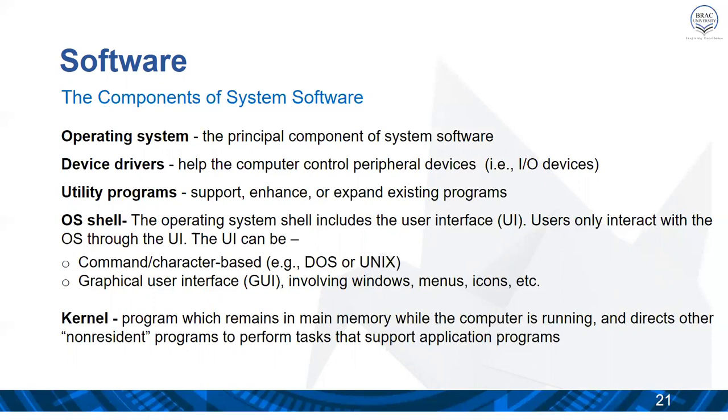The UI can be command or character based, which are used in DOS and Unix operating systems, whereas the graphical user interface, which includes windows, menus, icons, etc., is used in Windows operating system.